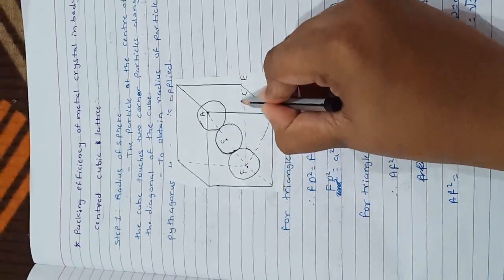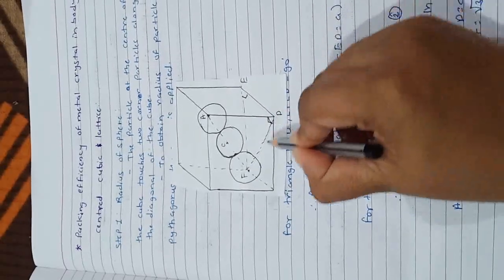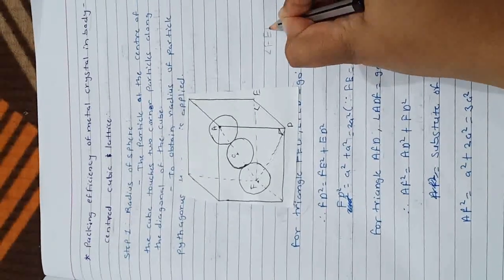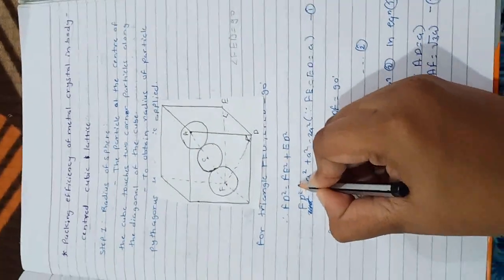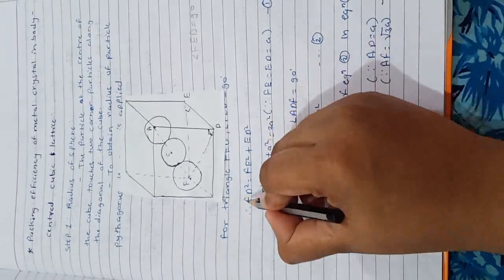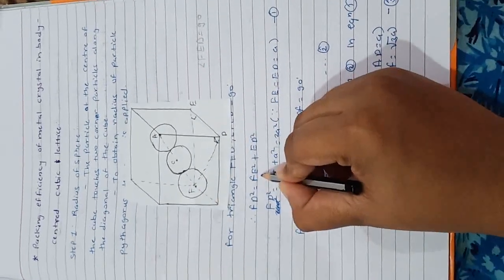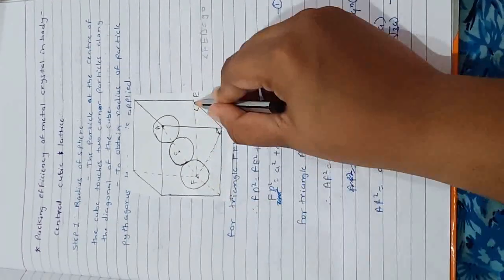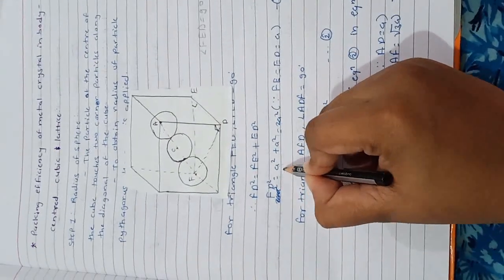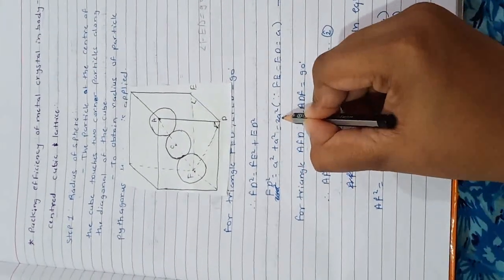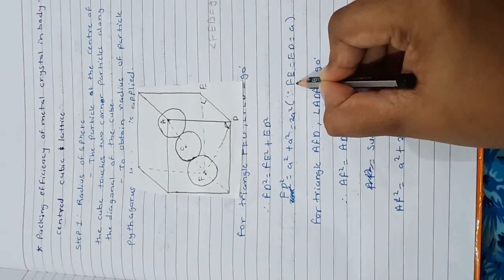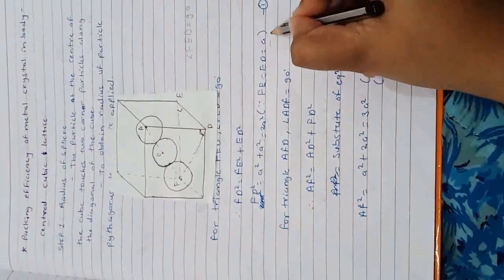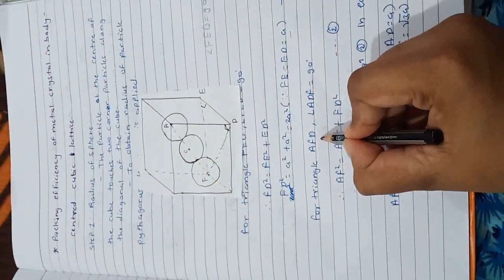For triangle FED, angle FED equals 90 degrees. From the Pythagoras theorem, FD square equals FE square plus ED square. FD square equals a square plus a square equals 2a square. Therefore FD equals root 2 a. Equation 1.